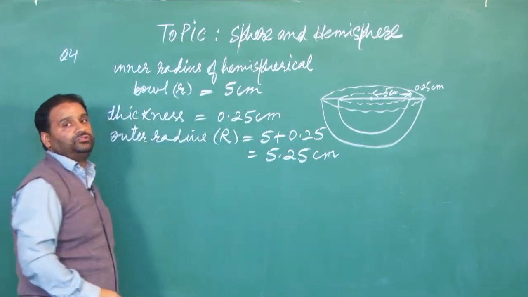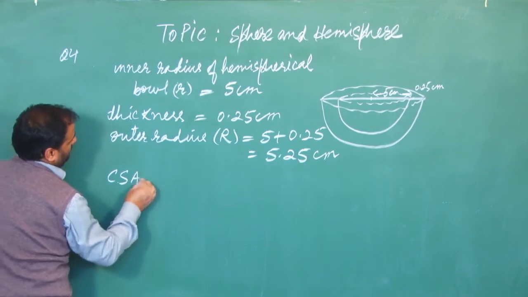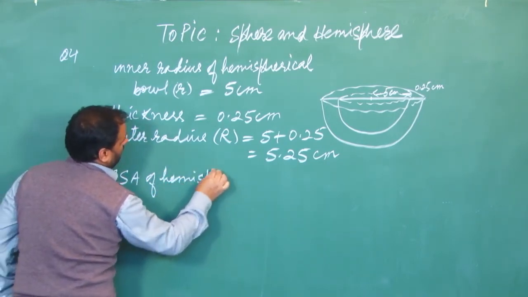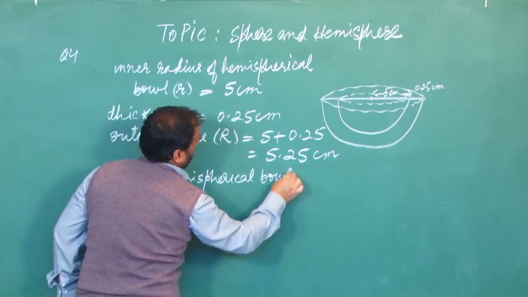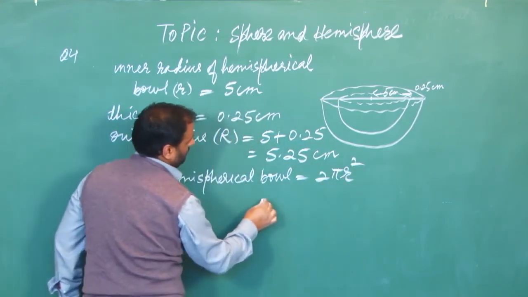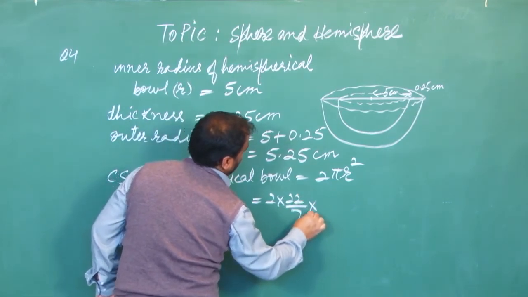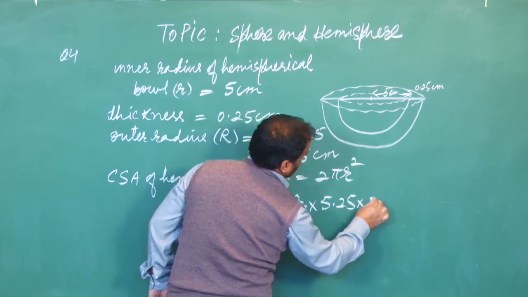Now, we need to find the curved surface area of that ball. Curved surface area of hemisphere is equal to 2 pi r square. Instead of pi write 22 by 7, and instead of r square write 5.25 into 5.25.